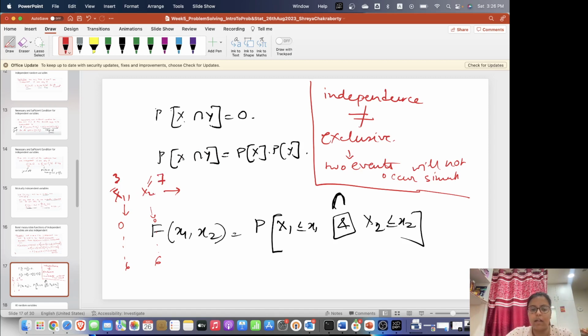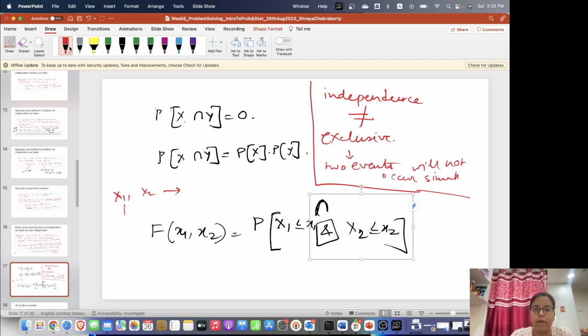This was a cooked up example, but exclusive means that if we have an AND condition over here, two separate events will not happen simultaneously. So those are separate, exclusive events.